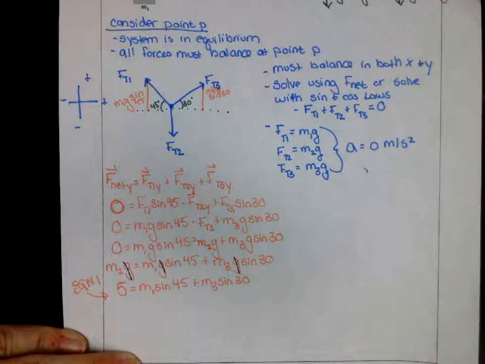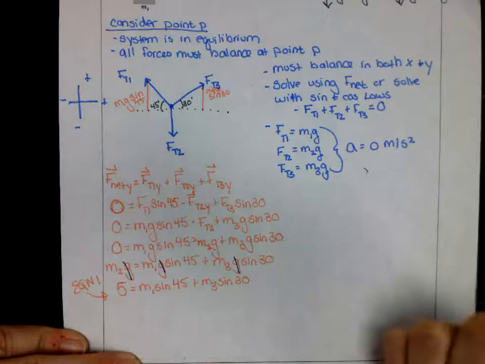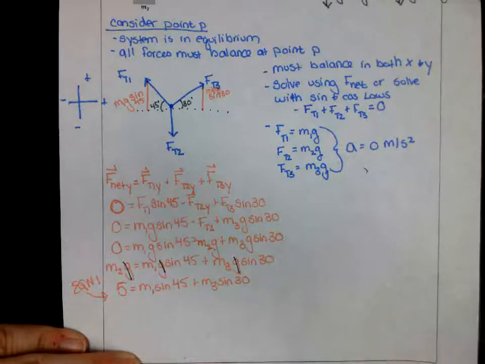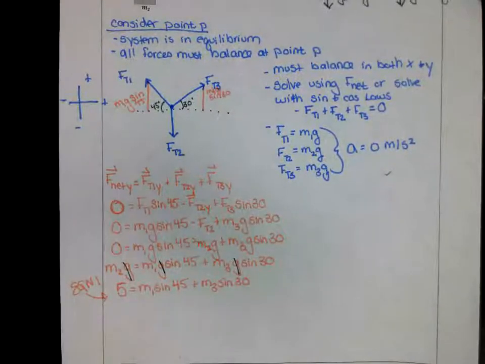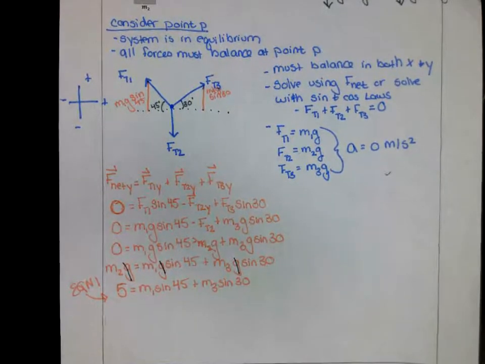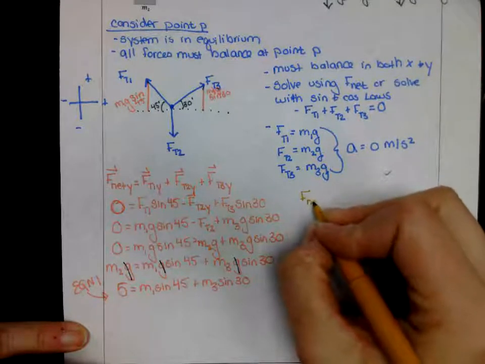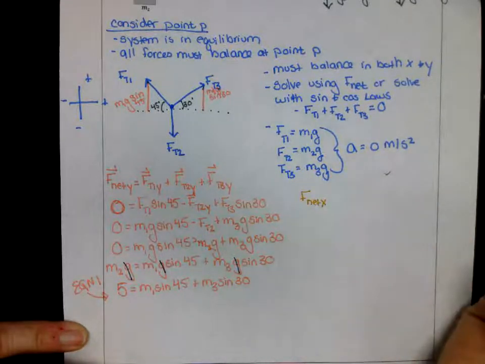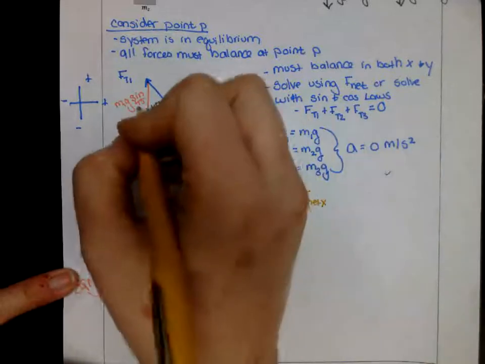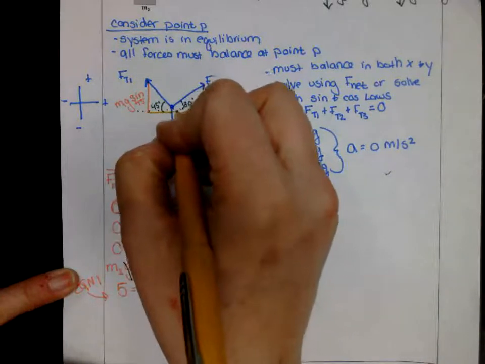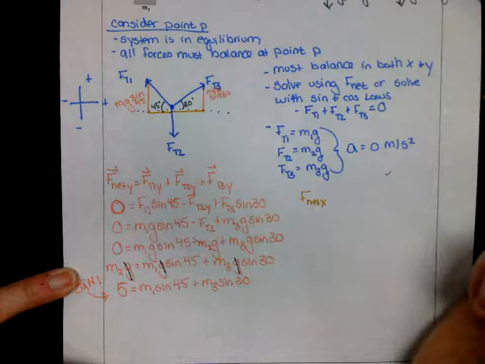Now I need to come up with what equation 2 is going to be. So for equation 2, let's work everything that we have on our x-axis. So we're going to find the force net of the x-axis for equation 2. All right.